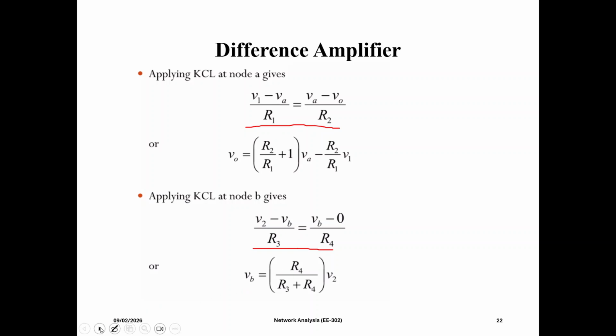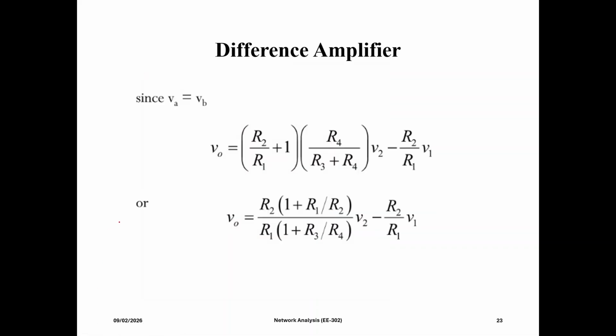Now we recall the ideal operational amplifier rule, that is VA is equal to VB. So the voltages at the inverting and non-inverting inputs are equal.